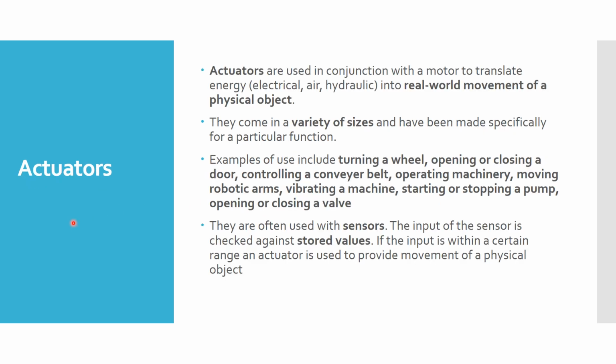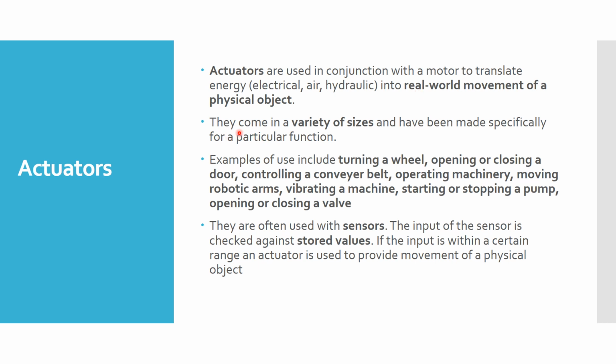The first output device is the actuator. Actuators are used in conjunction with a motor to translate energy into real world movement of a physical object. It helps any object to move.